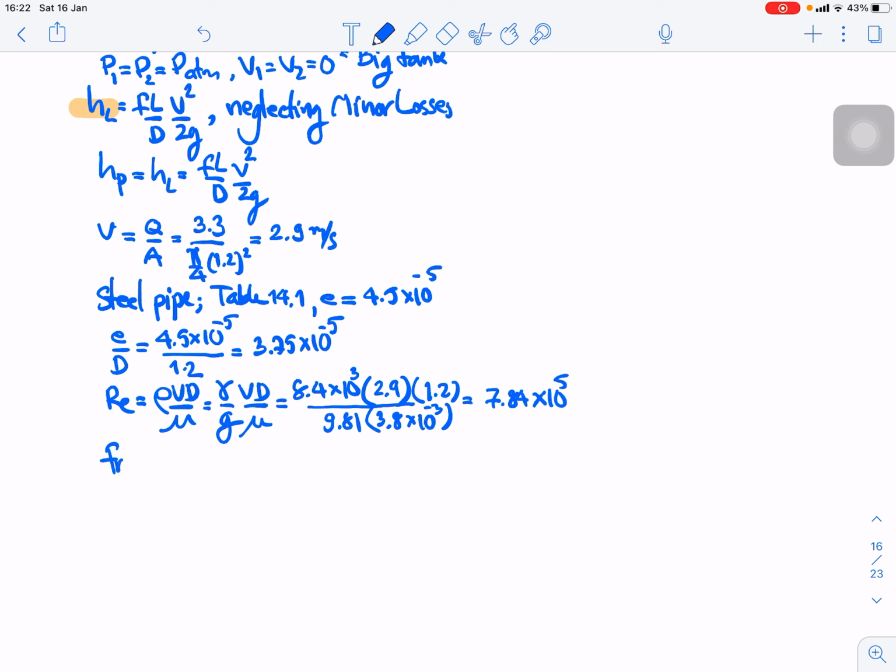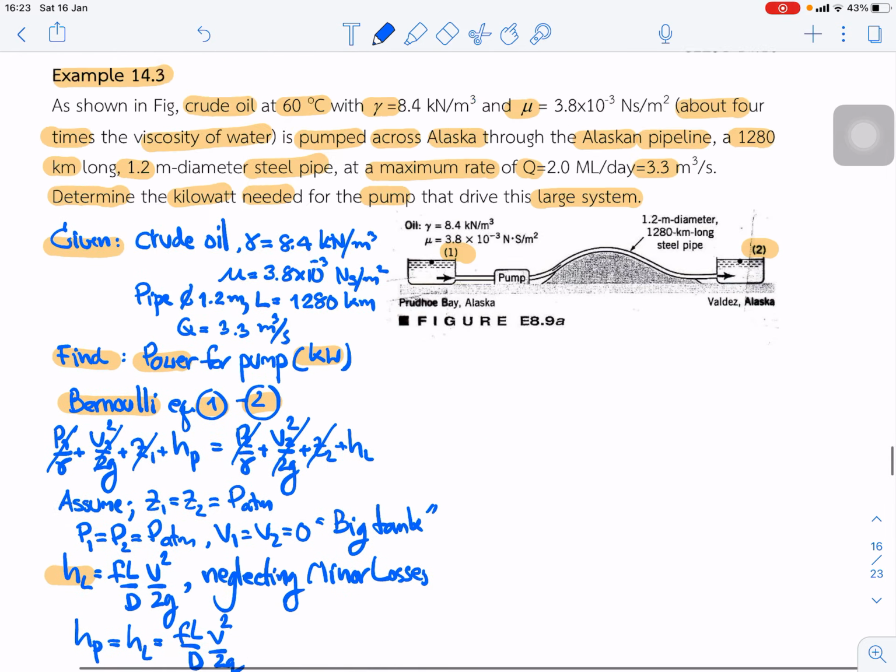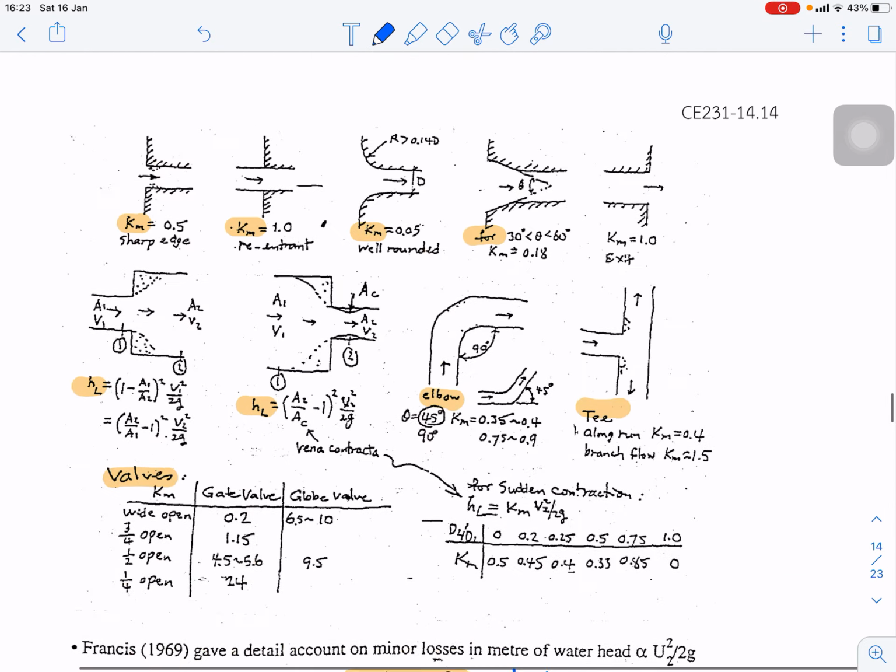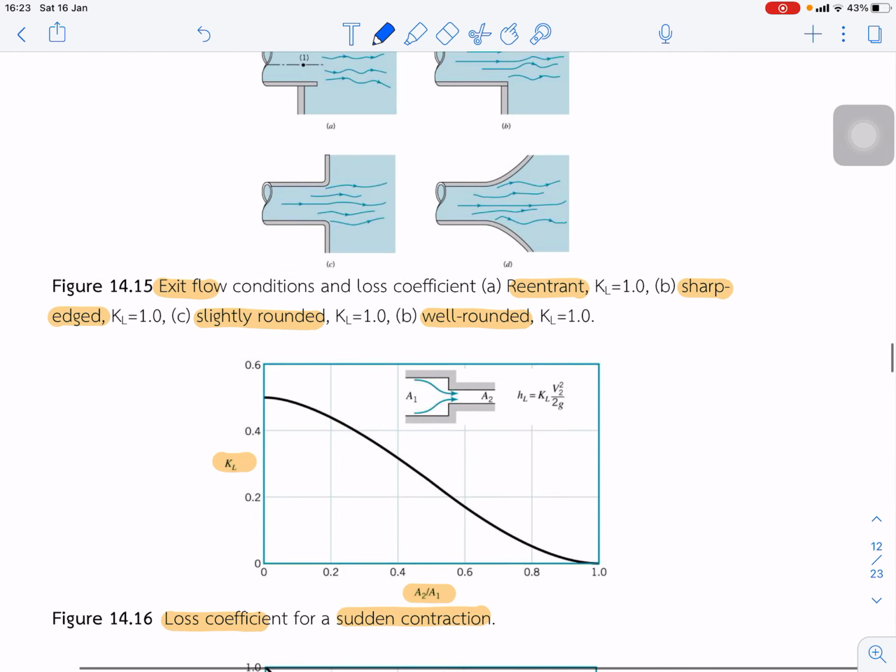Okay, we open the Moody diagram, the Moody chart. What is the f from the Moody chart?